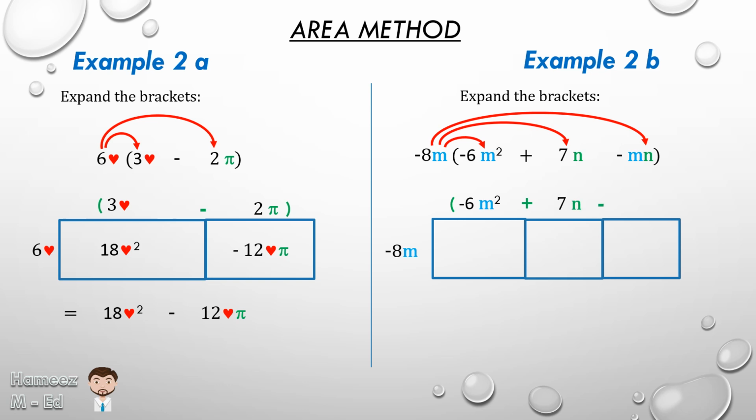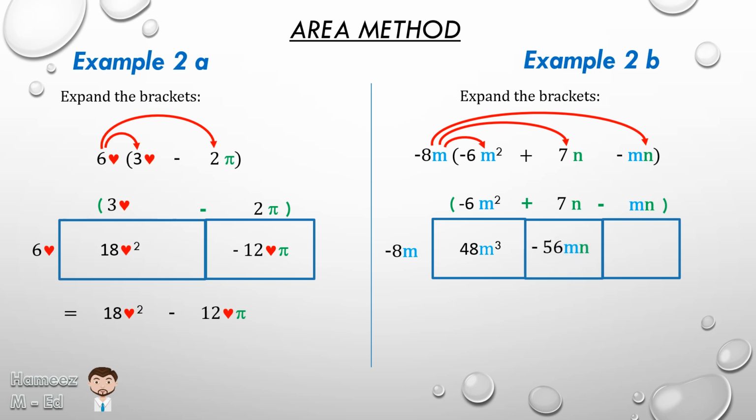So that now, when we do the multiplication, will give us 8 6 are 48, m times m times m is equal to m cubed. And we have two negatives, two same signs, so that will give us a positive. And when we multiply 8 by 7 for the second rectangle, that will give us 56 mn.